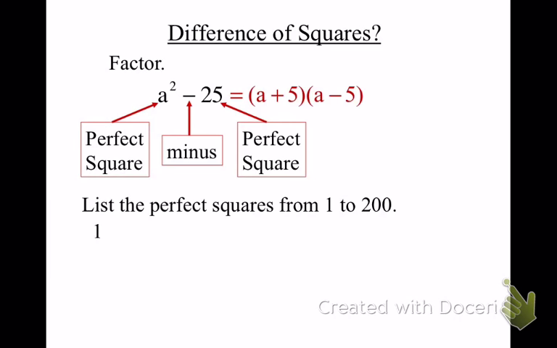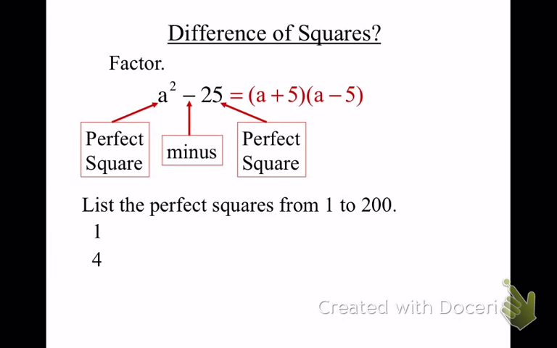Now, your perfect squares through 12 should be easy, because we're basically saying 1 times 1, 2 times 2, 3 times 3. 1 times 1 is 1, 2 times 2 is 4. The next one is 9, 16, 25. How am I getting those perfect square numbers? I'm just multiplying a number by itself in order. 1 squared, 2 squared, 3 squared, 4 squared, 5 squared, 6 squared.